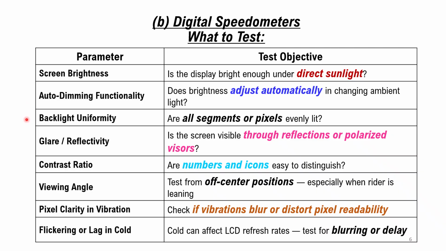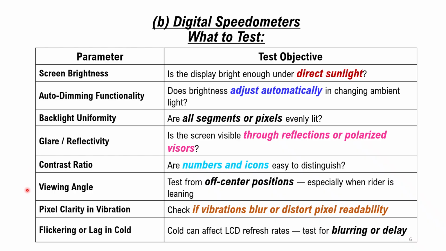Number three, backlight uniformity. Are all segments or pixels evenly lit? Number four, glare reflectivity. Is the screen visible through reflections or polarized visors? Number five, contrast ratio. Are the numbers and icons easy to distinguish?